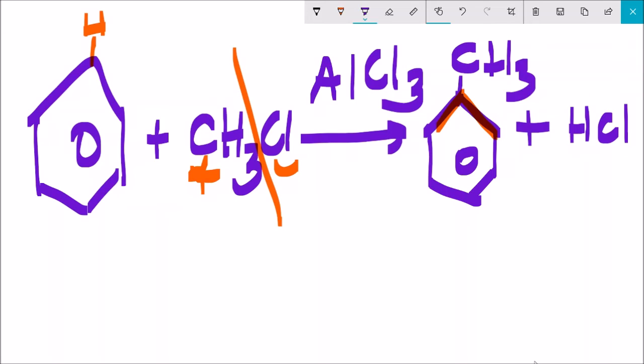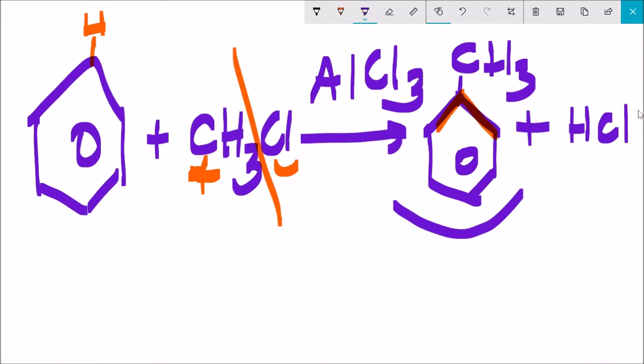Of course, you can change the alkyl group. So with ethyl chloride you will get ethylbenzene. This is toluene, which is important. It's used as a solvent. So you have the reaction here. And then, that's it.